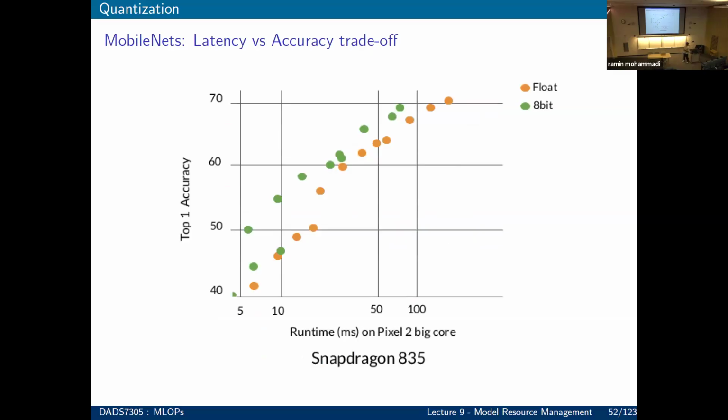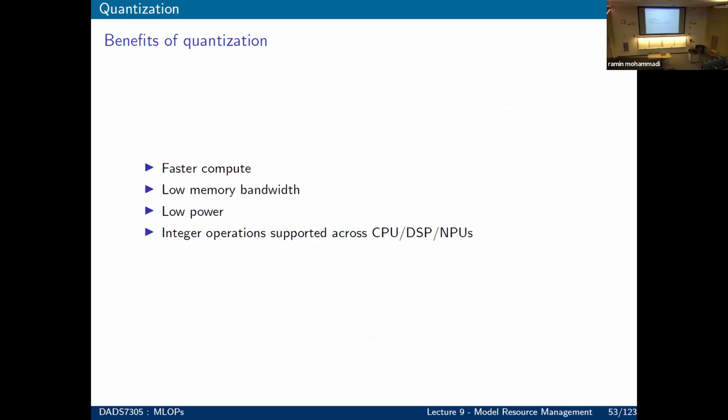What you can see here is the runtime of the model in order to get the same accuracy level. With 8-bit quantization, around 50, the green has higher accuracy than the orange. So quantization gives you, in this example, a better accuracy and a lower runtime, a lower time for the model to run.